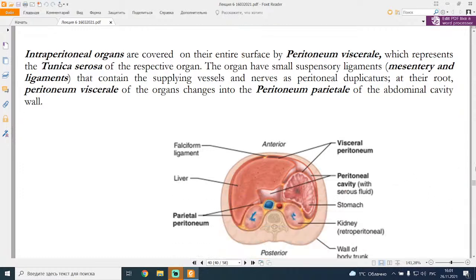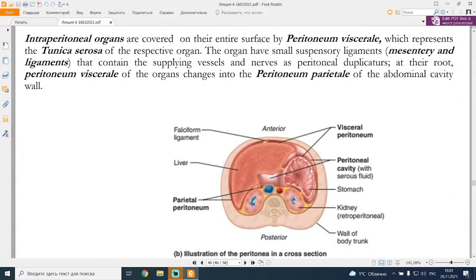Intraperitoneal organs are covered on their entire surface by peritoneum viscerale, which represents the tunica serosa of the respective organ.